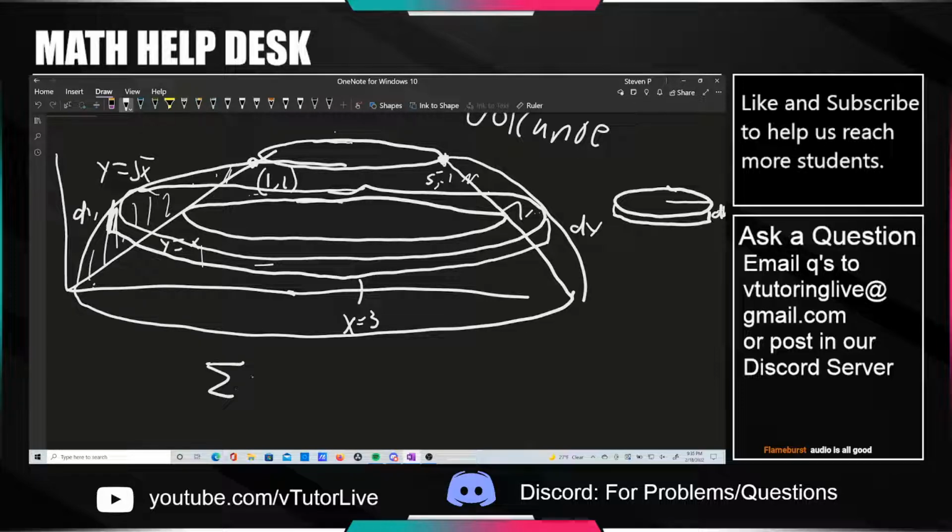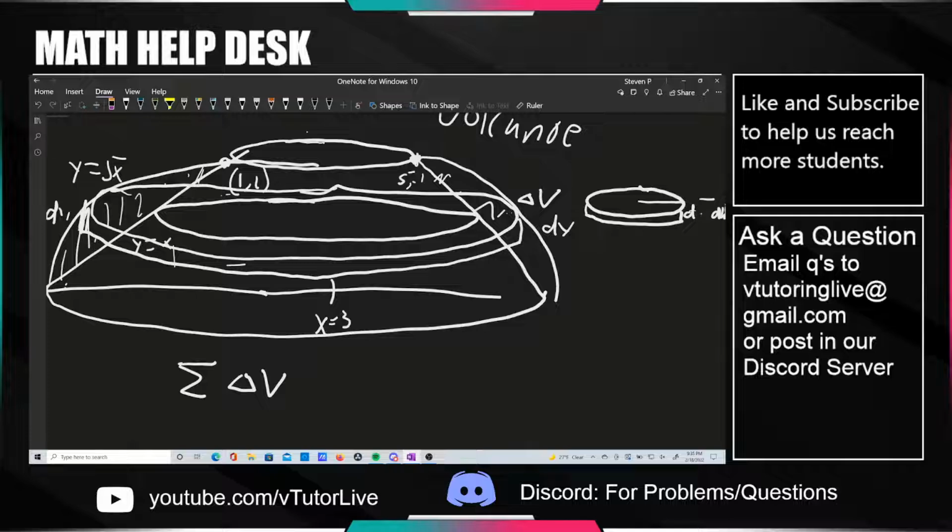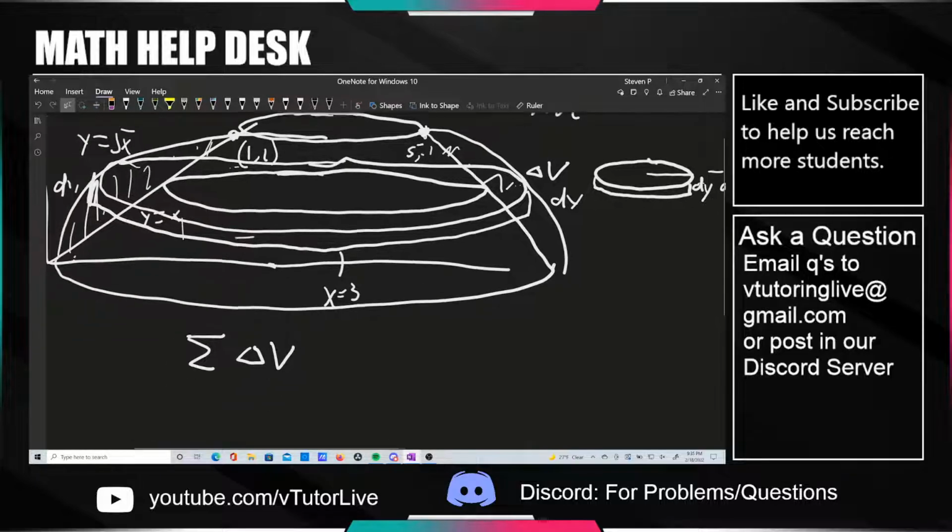So it's like saying we're going to sum up all the little delta volumes, all the tiny infinitesimal volumes, where a delta volume is the volume of one of these washers with a differential height dy. Sorry, I should be consistent. I should call it dy everywhere.